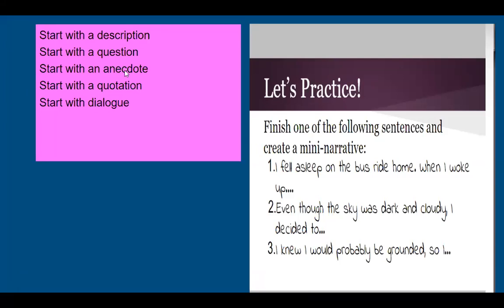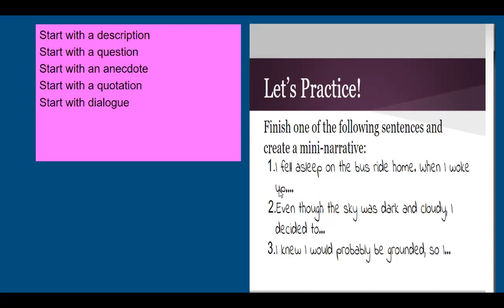It can be a fake, imagined or fictional one. You can also start with a quotation mark, like direct speech, quotes from somebody. If you can handle it, you can start with a dialogue. It's fine to start with dialogue, quotation, anecdote, question, or description as a hook, to be followed by a thesis statement.